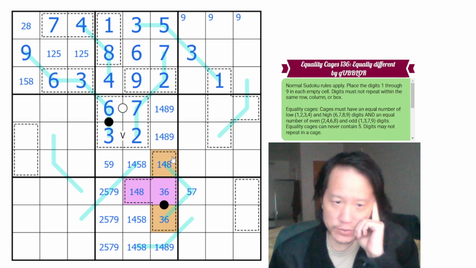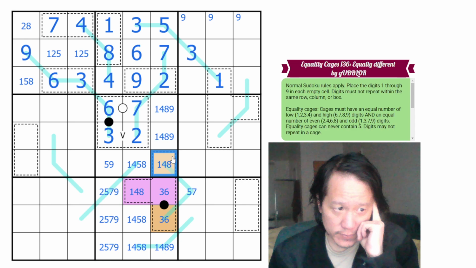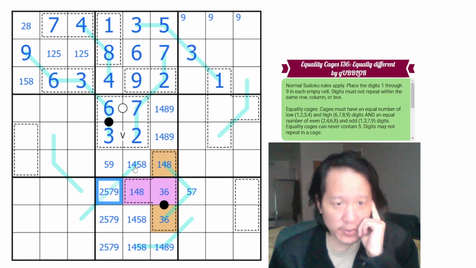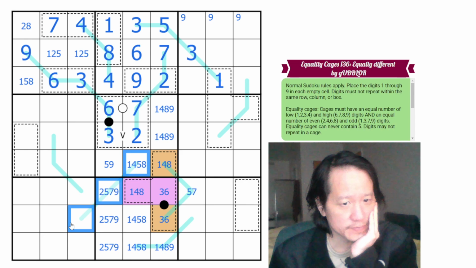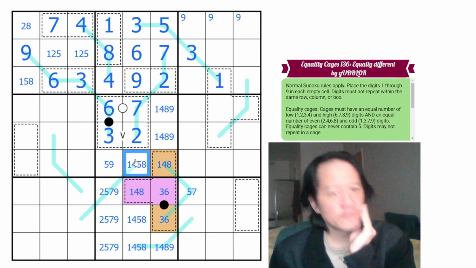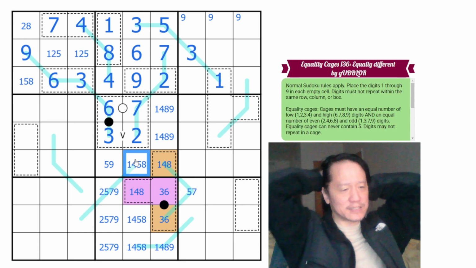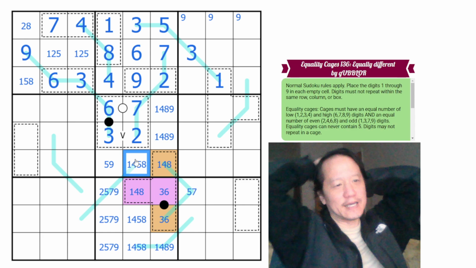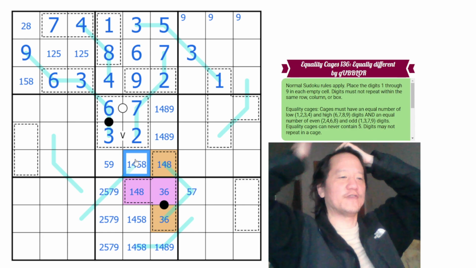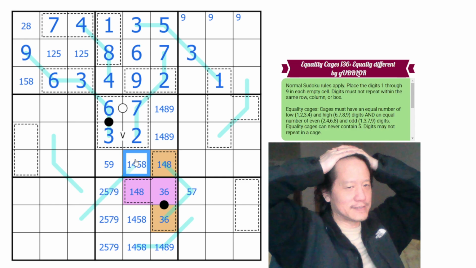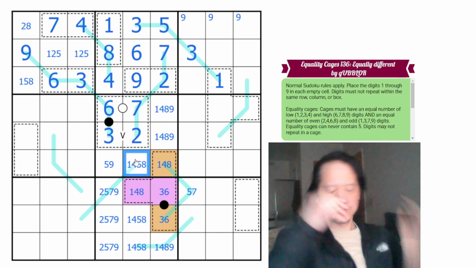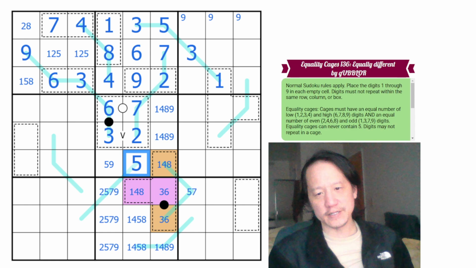Yeah, we just showed this can't be 9. But the problem is this difference, right? 4 and 5 has to be 1, 2, 3, 4, 5 away from each other. So that just doesn't work.